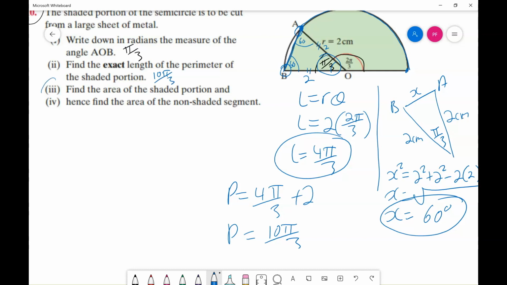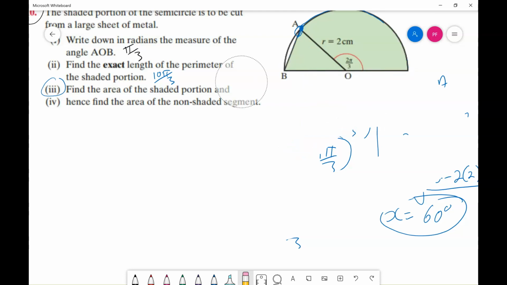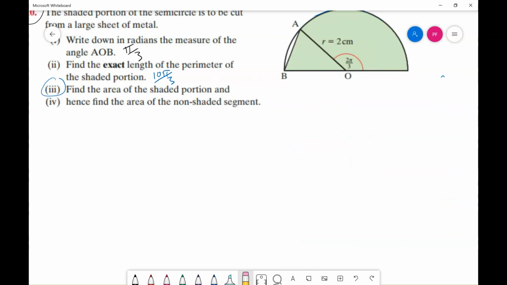Okay, next up, find the area of the shaded portion and hence find the area of the non-shaded segment. So let's find the area of the whole thing first. We know it's a semicircle, so you can either use it as a segment or as a semicircle to find the area.